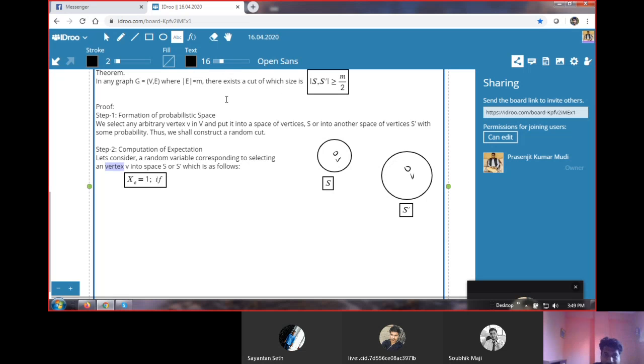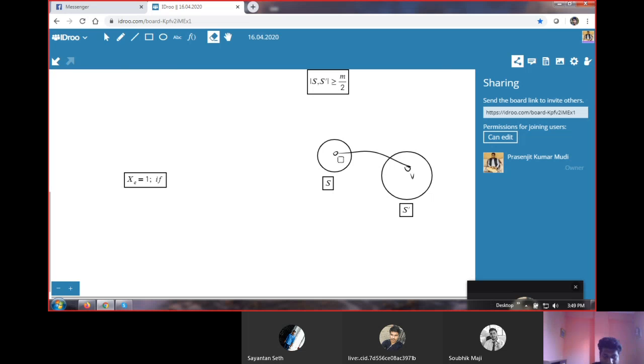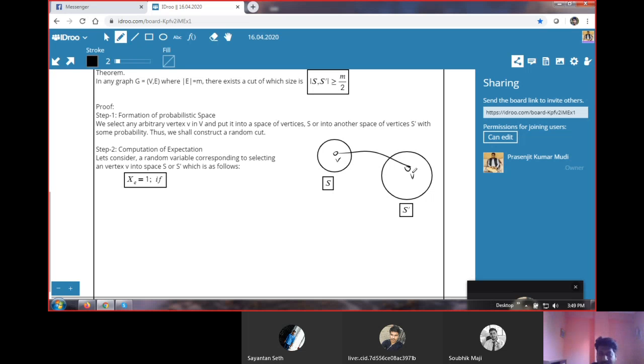That means if I consider an edge like this, let's say this is U and this is V, an edge which belongs to this cut has one vertex belonging to S and another vertex belonging to S bar. So selecting a vertex into S and another vertex V into S bar is equivalent to selecting an edge like this into the cut space.